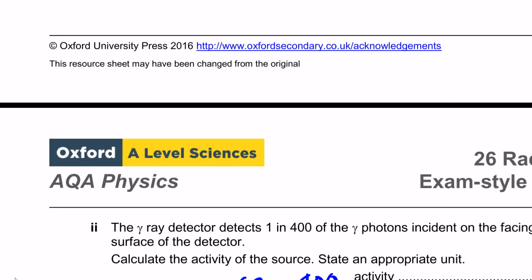We're going to use our actual calculator value rather than 0.0037. That then comes out as 67,400. Our units for activity are becquerels, Bq. A becquerel is just a disintegration per second.